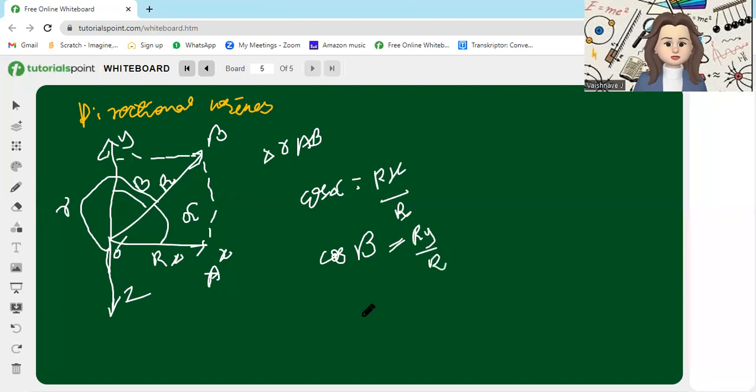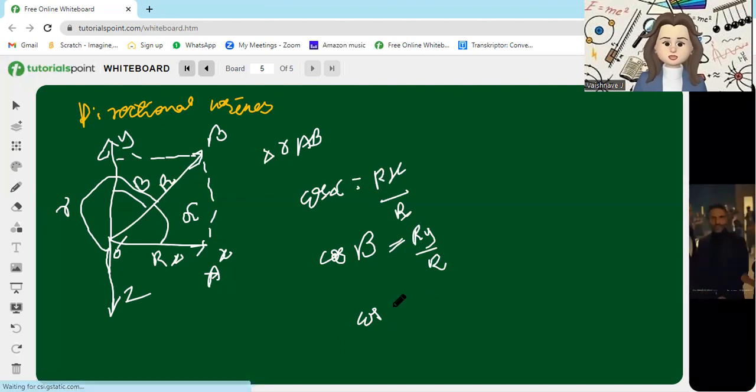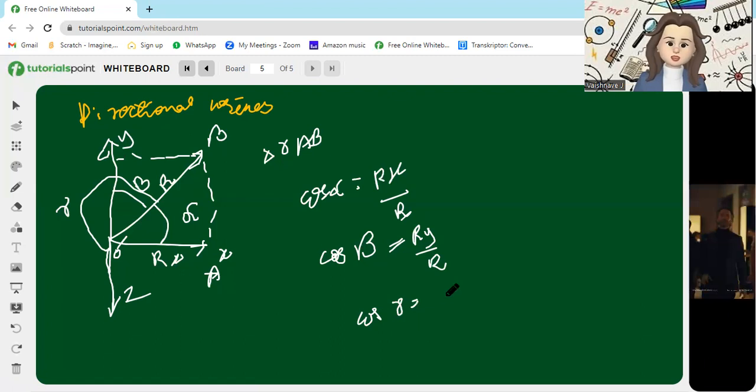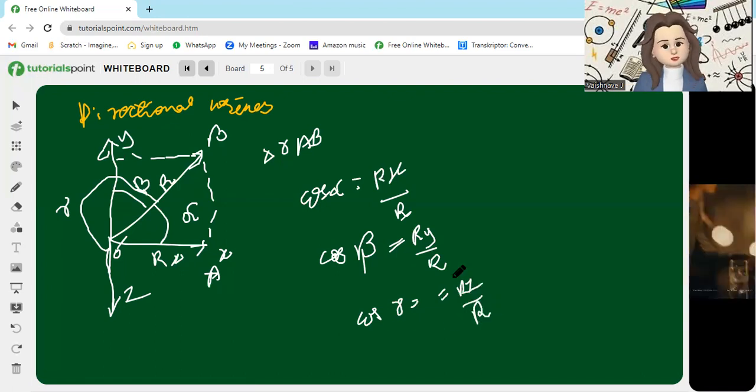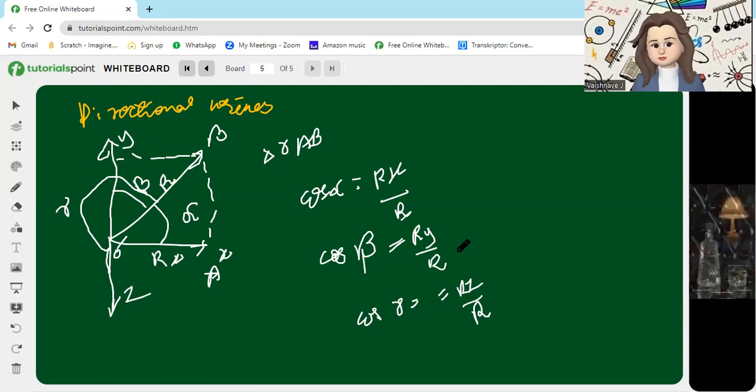And for cos gamma, we can't show it in the diagram, so based on these two perspectives, we can say that cos gamma is equal to Rz by R. Clear?